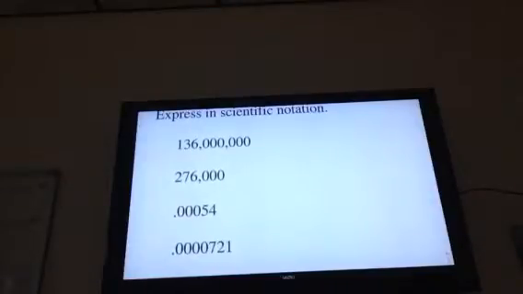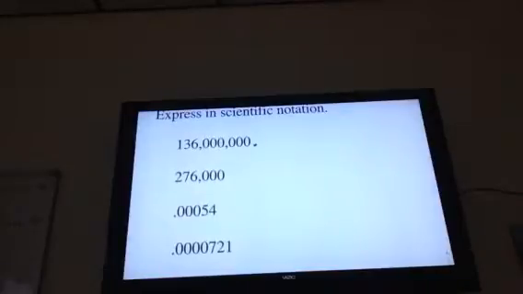If there's not a decimal on a number, it's understood to be at the end. Like the number 5 is really 5.0. We don't write that, but that's what it is. So when I see 136 million, my decimal is understood to be right there, even though it's not present.